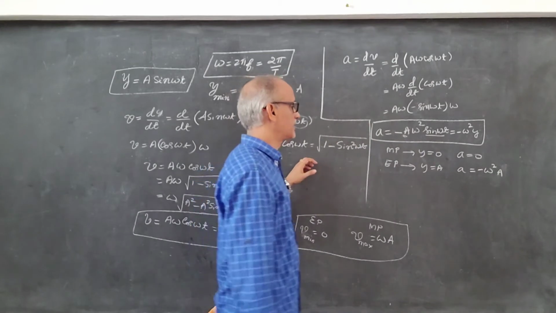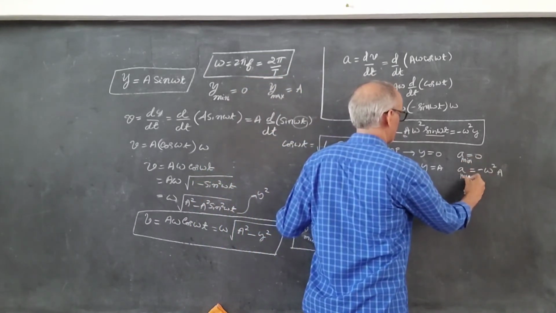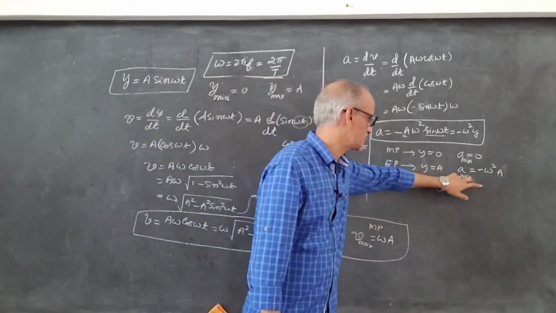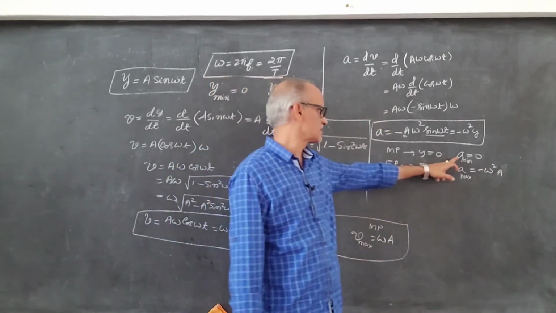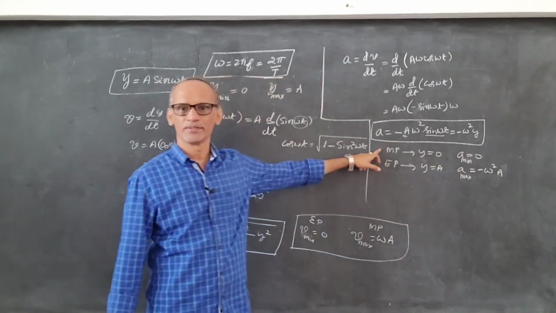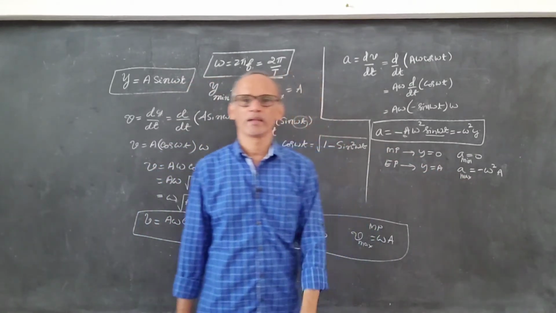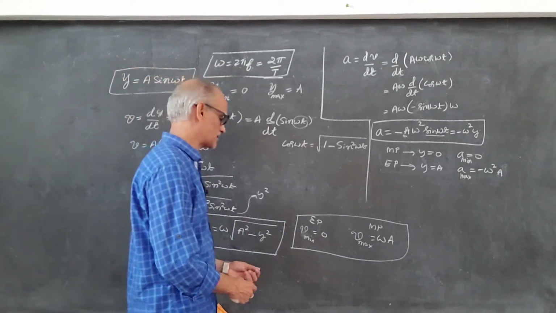So this is the minimum value and this is the maximum value. If you take the magnitude of the acceleration, it is omega square a. So therefore, acceleration is a minimum at the mean position and acceleration is a maximum at the extreme position. Understood? So this is the expression for acceleration.